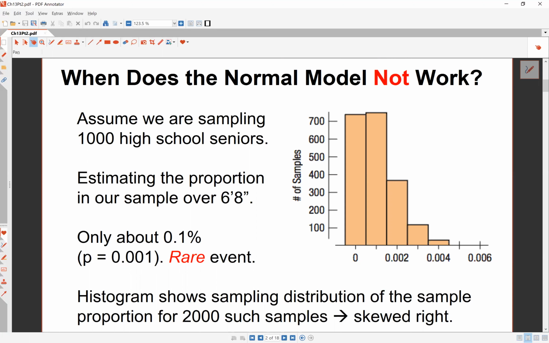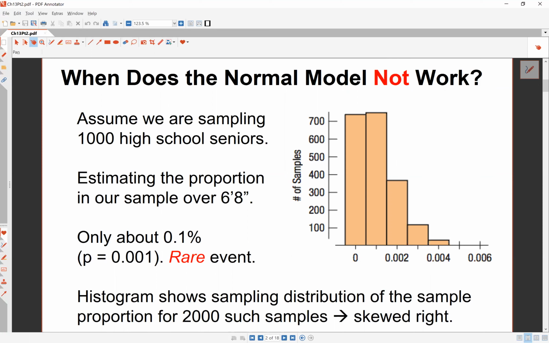So if we go through this exercise of taking a sample of 1,000 seniors, calculating the sample proportion, taking a different sample of high school seniors, calculating the sample proportion, and doing that, say, for 2,000 different samples. So 2,000 times I'm going out and taking a sample of 1,000 students, and I'm evaluating the proportion in my sample taller than 6 feet 8 inches.